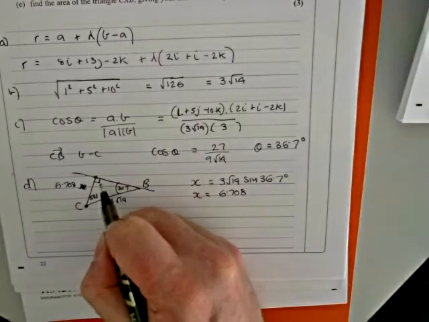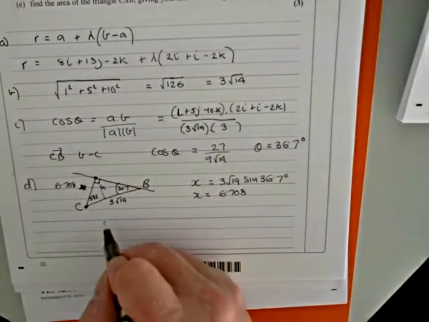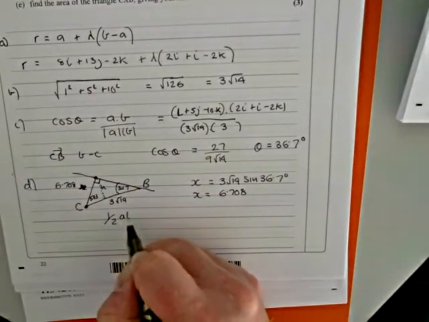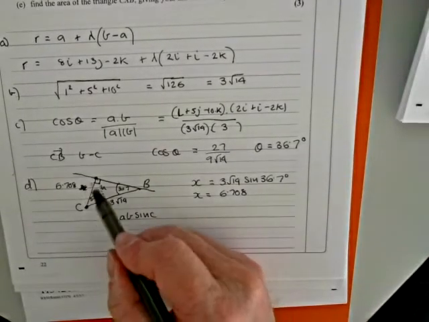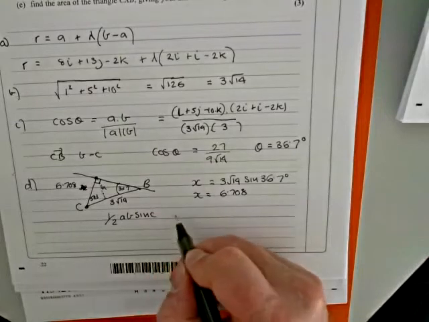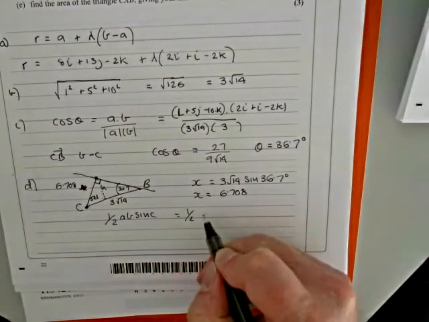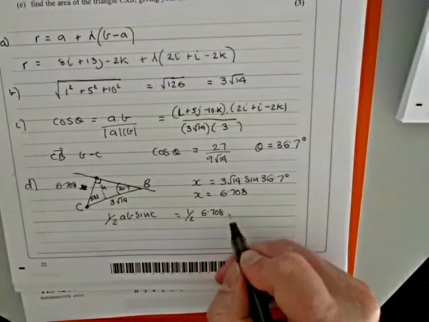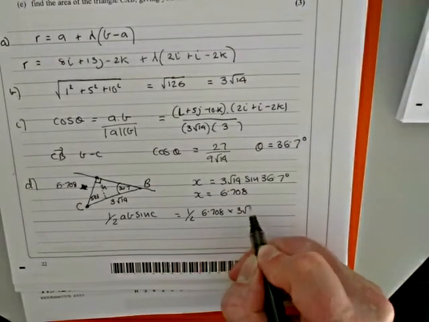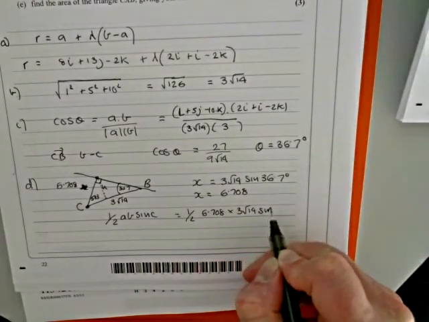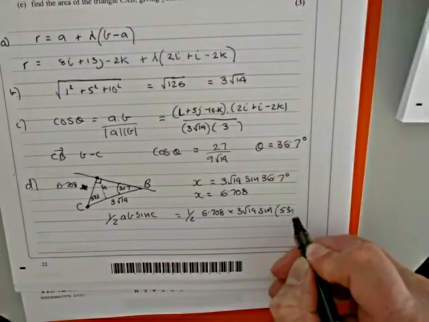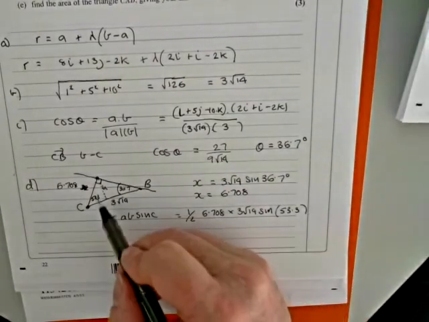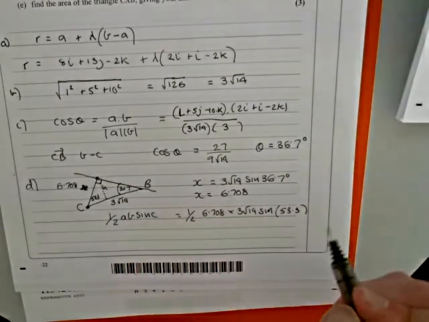So 53.3 there. I'm going to use the formula half ab sine C, where C is the included angle between these two lengths. So it's simply going to be a half times 6.708 times 3 root 14 sine 53.3. That came from 90 subtract 36.7.